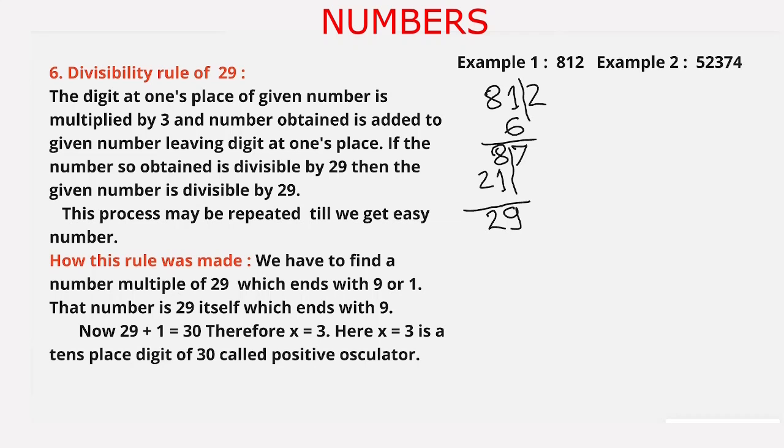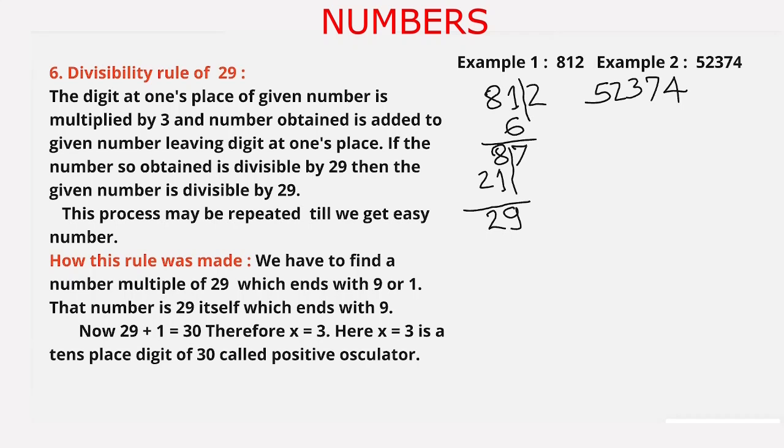The second example is number 52374, whether this number is divisible by 29 or not. The ones place digit is 4. We multiply 3 to this ones place digit. 4 times 3 is 12.